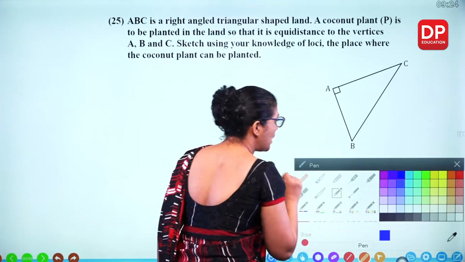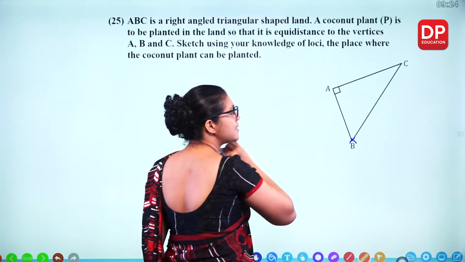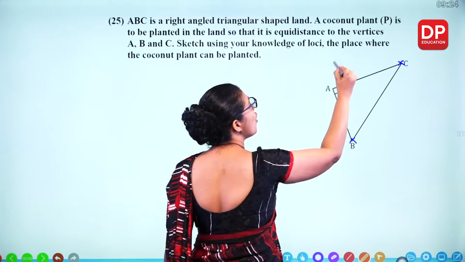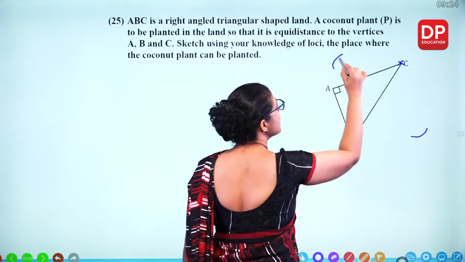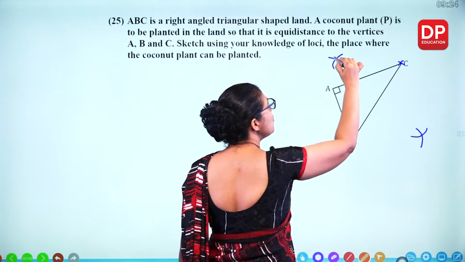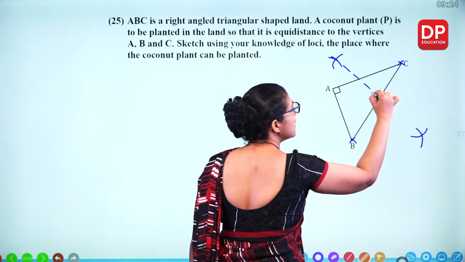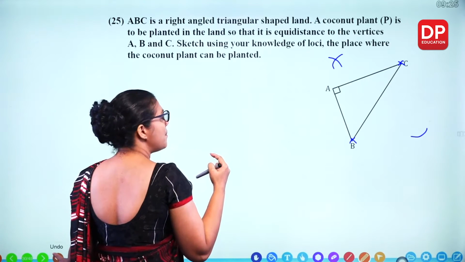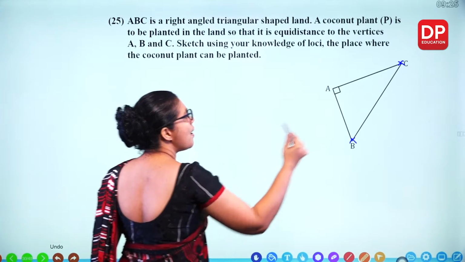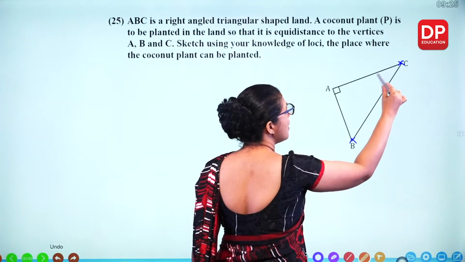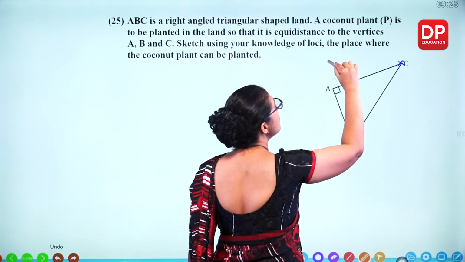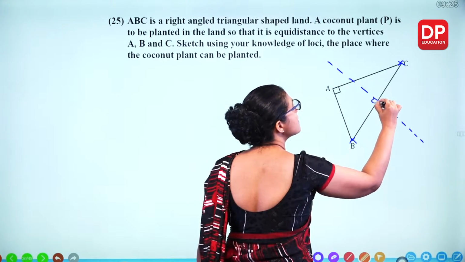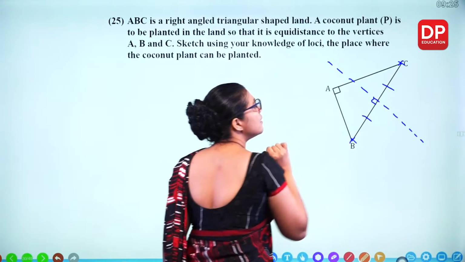So here what we do, you take the compass, keep it on B and C, and you draw the perpendicular bisector. Then when you connect it, that means it passes through the midpoint of B and C. So you get a line here like this. So this is equal.